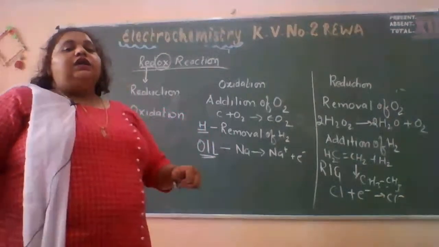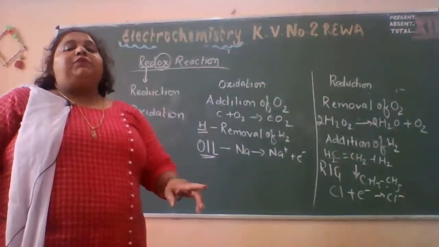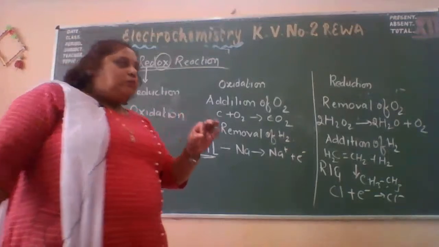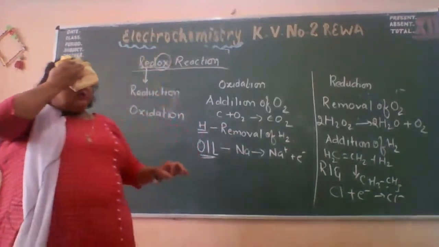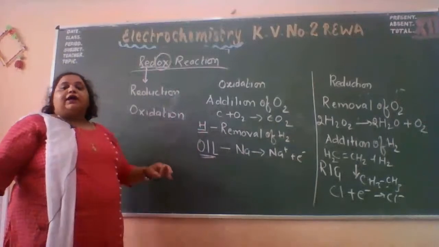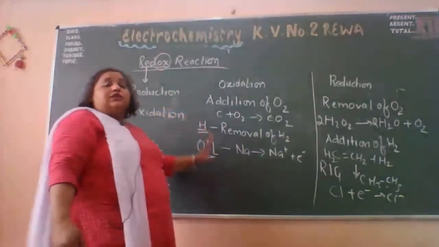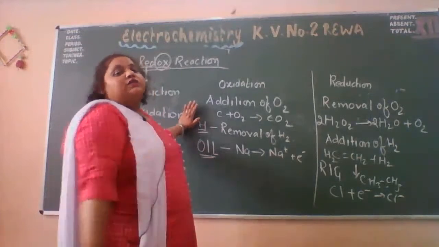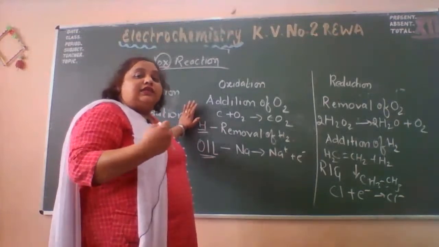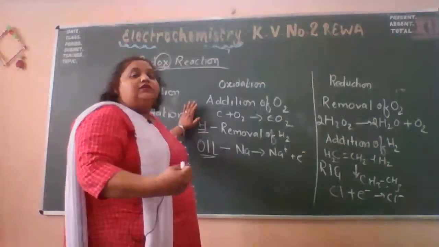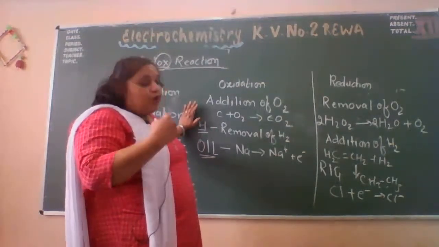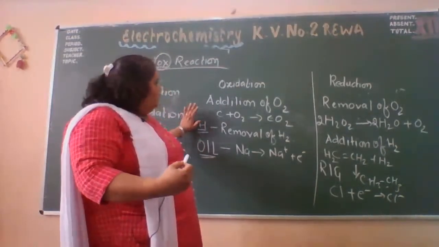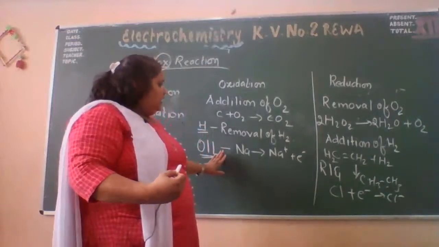The reaction in which there is an increment or the positive change in the oxidation number, that is called the oxidation, the chemical reaction in which the oxidation number or charge is increased positively. It is the process of increment. That is the oxidation.